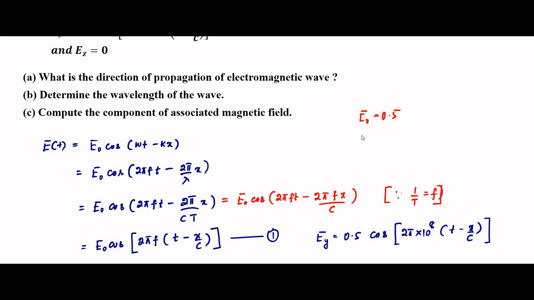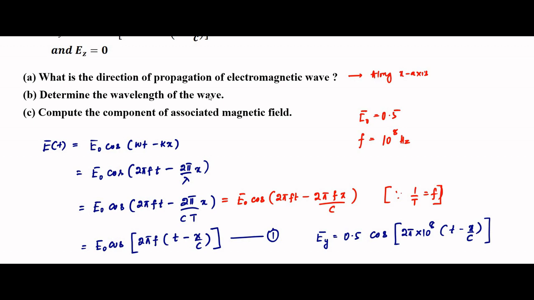The frequency f is equal to 10 to the power 8 hertz, and it is propagating along the x direction. So to answer the first question, the direction of propagation of the electromagnetic wave is along the x axis.